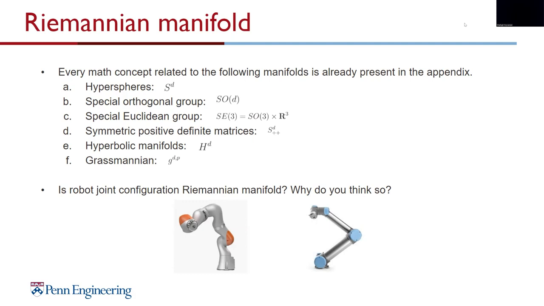But your Phi robot, since it doesn't have any joint limits, can be expressed as a hypersphere. So it's totally a Riemannian manifold, and you can do joint control in a Riemannian manifold.